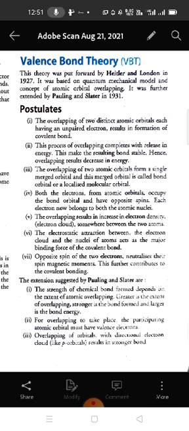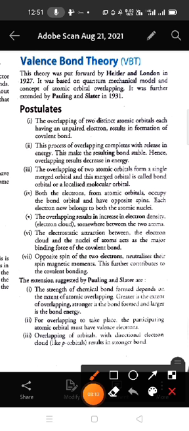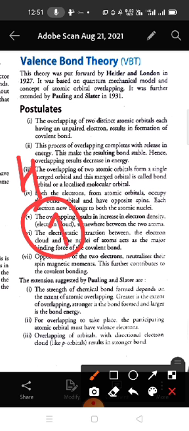There are some postulates of the VBT or valence bond theory. First one is that the overlapping of two distinct atomic orbitals, each having an unpaired electron, results in formation of a covalent bond. For example, this is H, and the s orbital has one unpaired electron.